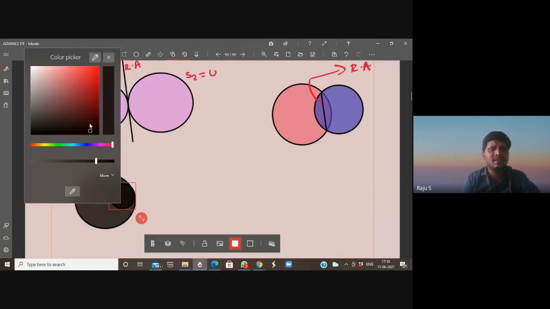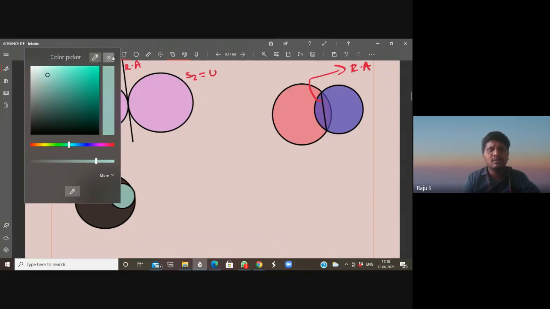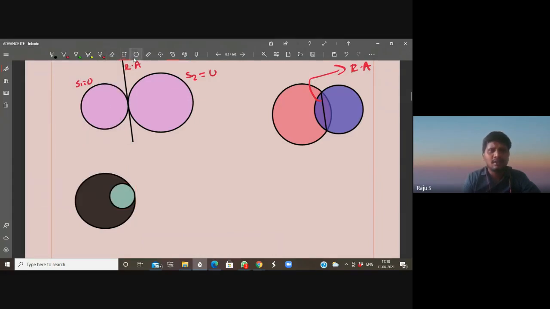And what about this case, students? Anyone? See here, two circles are touching internally.